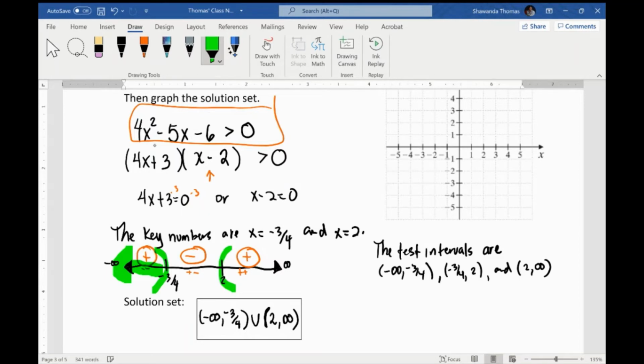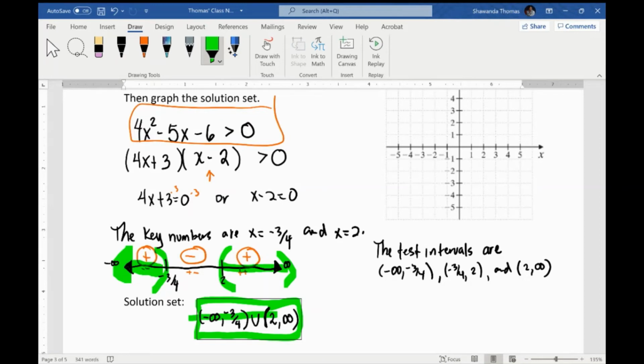Parenthesis at 2, all the way here. If it said equal to, we just would have put the brackets where the parentheses are, instead of the curved line, I guess you would say.